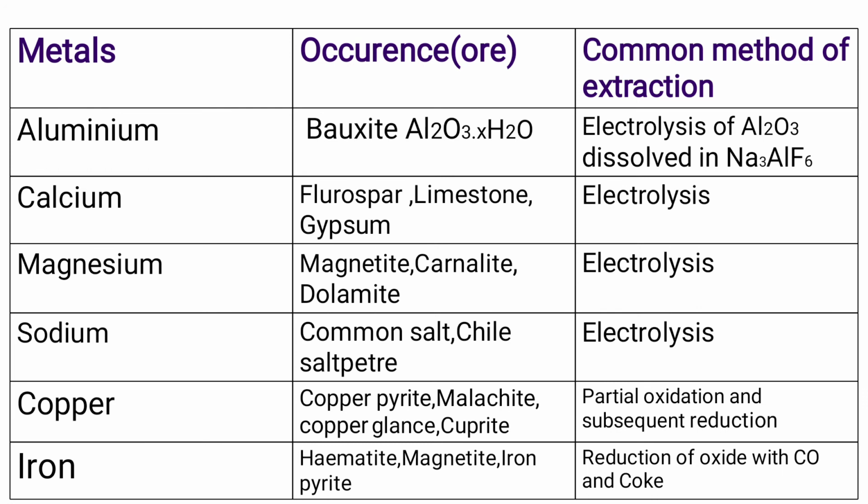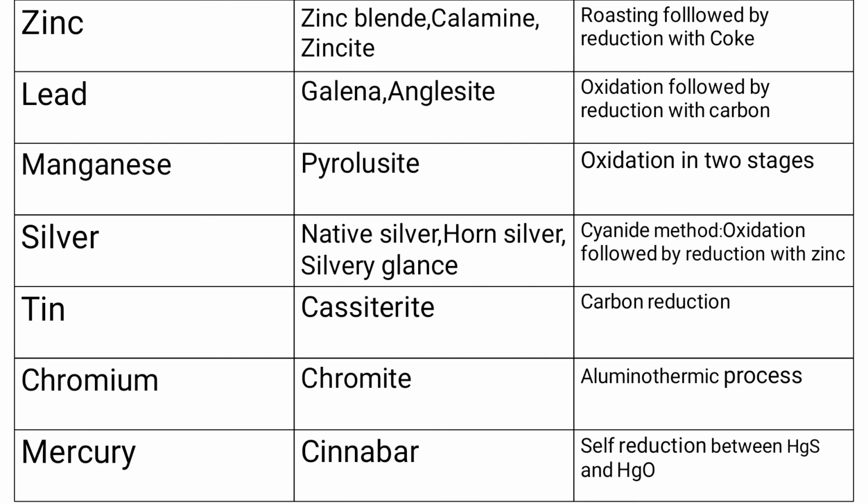Copper exists as copper pyrite, malachite, copper glance and cuprite. It is extracted from these ores by partial oxidation and subsequent reduction. Then iron exists as hematite, magnetite and iron pyrite. It is extracted from these ores by reduction of the oxide with carbon monoxide and coke. Next is zinc.